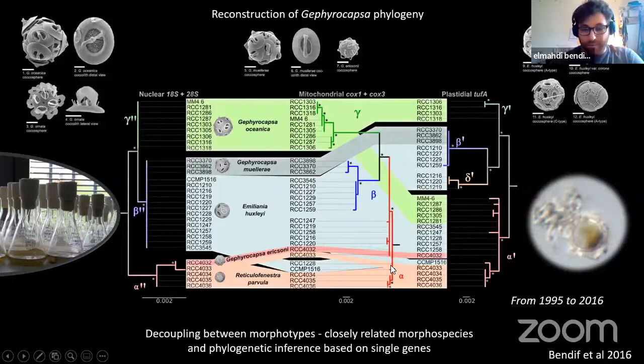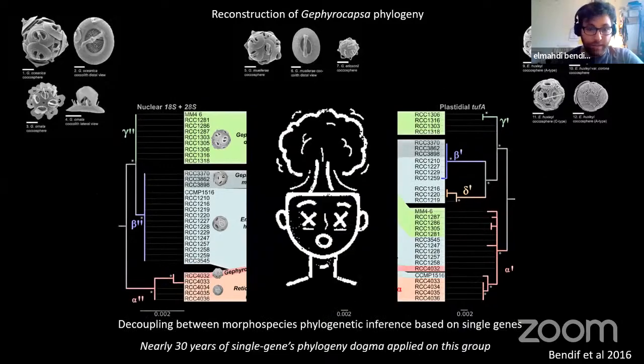It's something that hasn't been resolved since the early stage of molecular genetics applied to phylogeny. So it is quite overwhelming, because it's nearly 30 years of single gene phylogeny dogma applied on this group, and we haven't been able to resolve that issue. So again, it's not a failure; it's an unfinished business.